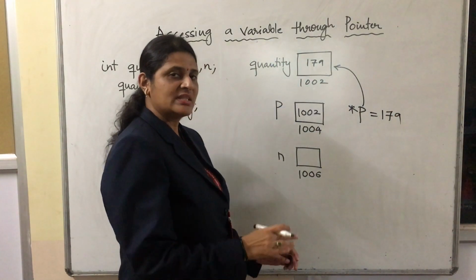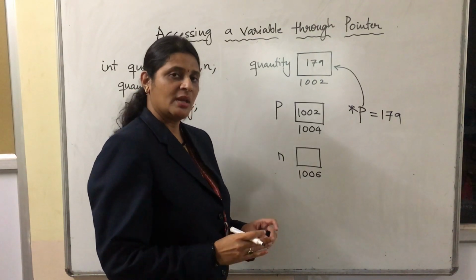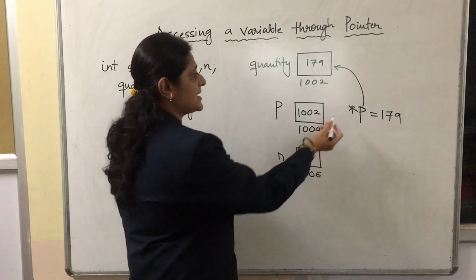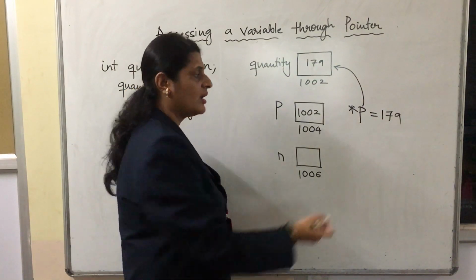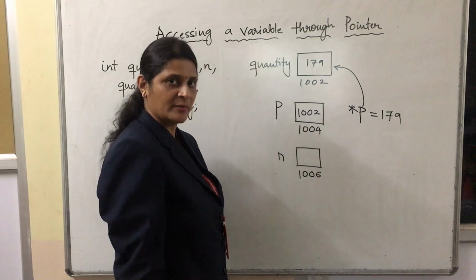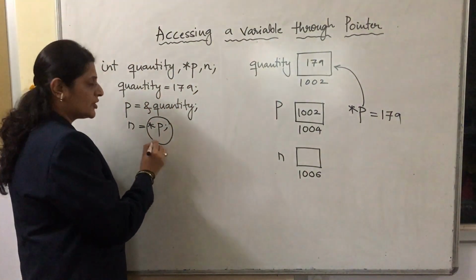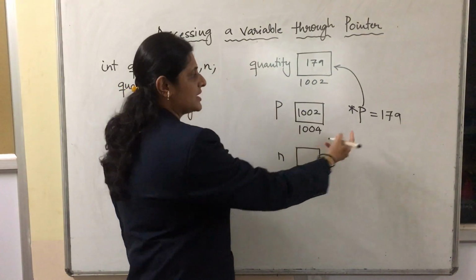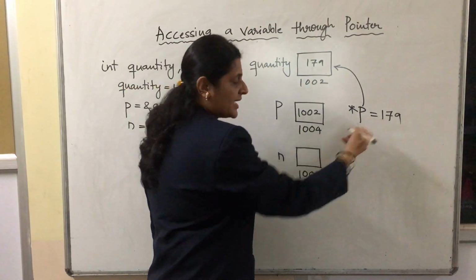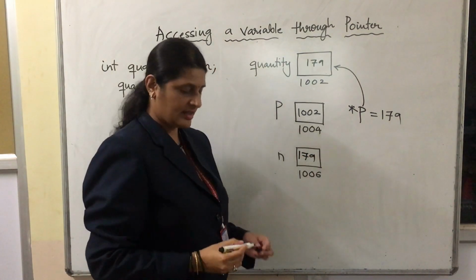This is why we call this operator the indirection operator, because indirectly you are accessing the value of quantity through star p or asterisk p. Now what statement have we written here? n is equal to star p. So n will finally have what value? The star p value is 179 here. So n will also have 179.